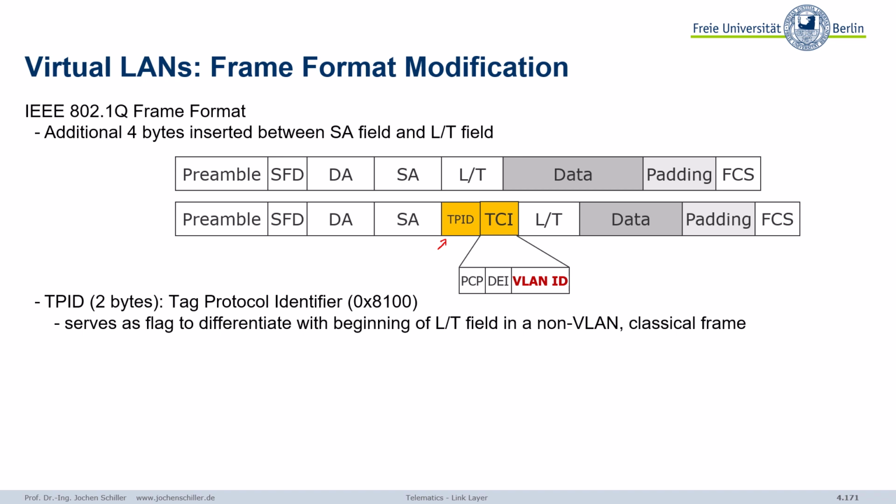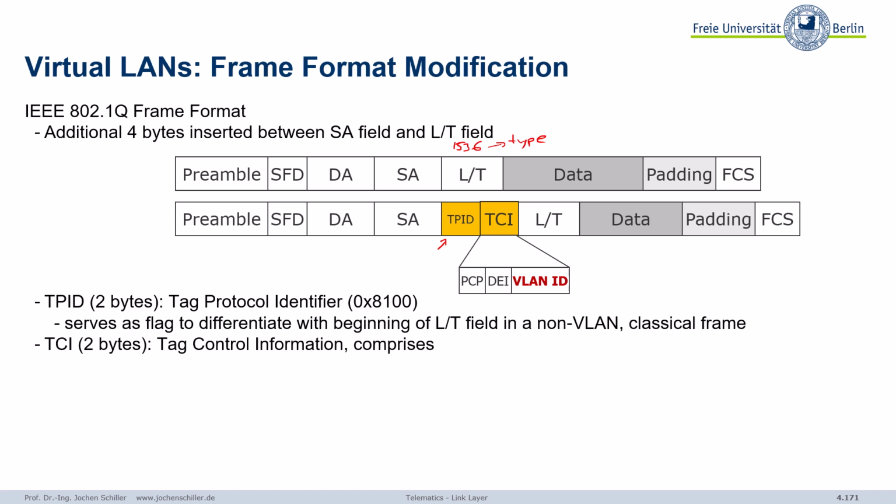We learned that if in our length type field there's something larger or equal to 1536, this means it's a type and not the length. So we use a special type, and this then tells us, okay, this is now a special frame, a VLAN, and not a classical one.